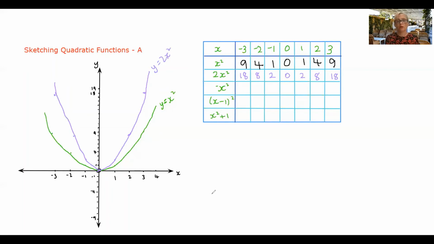What would happen if we wanted y equals -x squared? Well, what we're going to get is whatever we had here, but make it negative. Just bear in mind, (-x) squared is very different from -x squared. This one is what we want: we want to square x and then make it negative. So all of these we want to make negative.